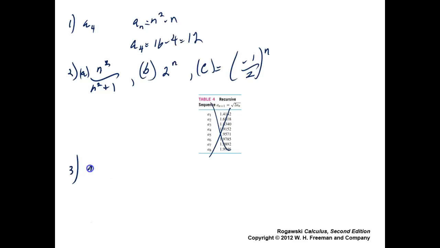That is, A sub 1 is equal to 1. A sub 2 is equal to 1.4. A sub 3 would be 1.41. Okay? And so on. What then is the limit as n approaches infinity of A sub n?